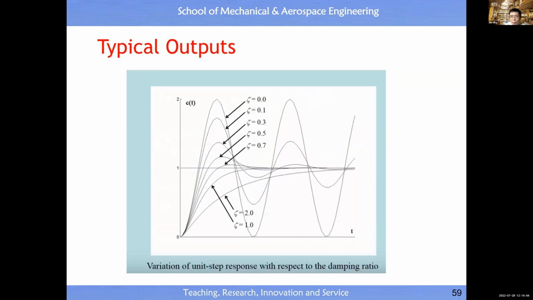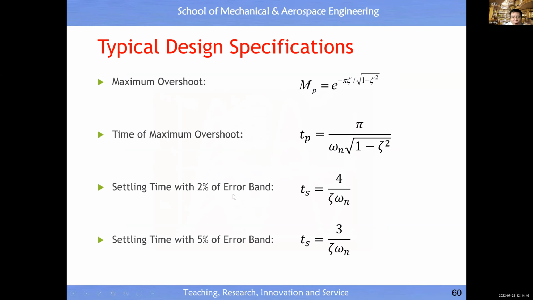We can define the error band of 2%, 5%. Then the time for the output to enter the error band can be calculated in this way. These are very useful formulas for you to transform design specifications into the values of internal parameters.